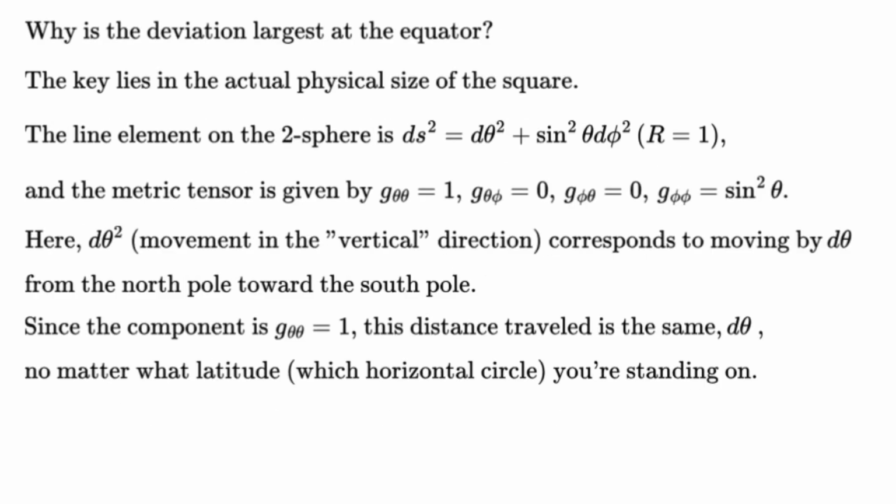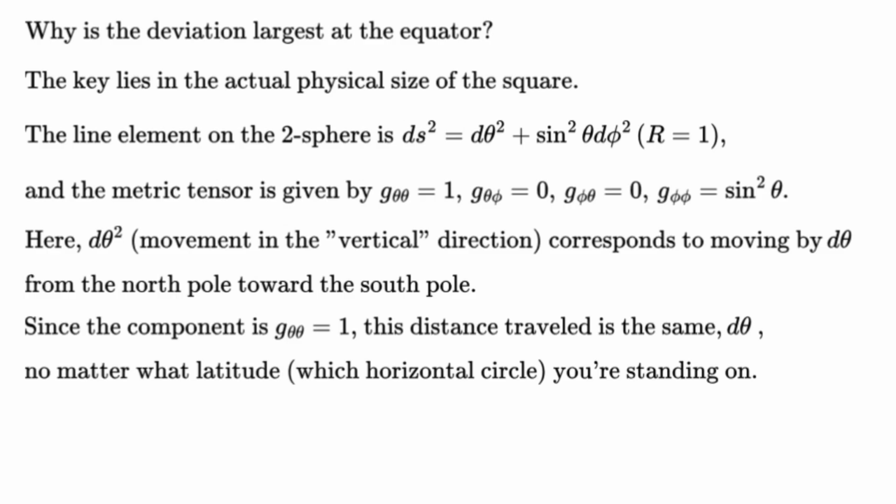Why is the deviation largest at the equator? The key lies in the actual physical size of the square. The line element on the two-sphere is ds squared equals d theta squared plus sine squared theta d phi squared, with r equals 1, and the metric tensor is given by g theta theta equals 1, g theta phi equals 0, g phi theta equals 0, g phi phi equals sine squared theta.